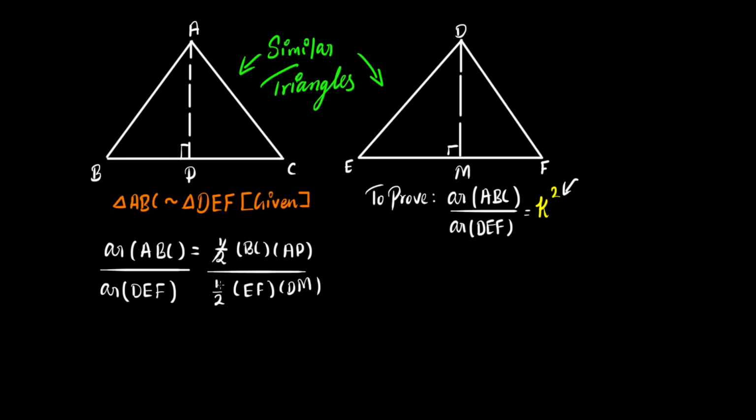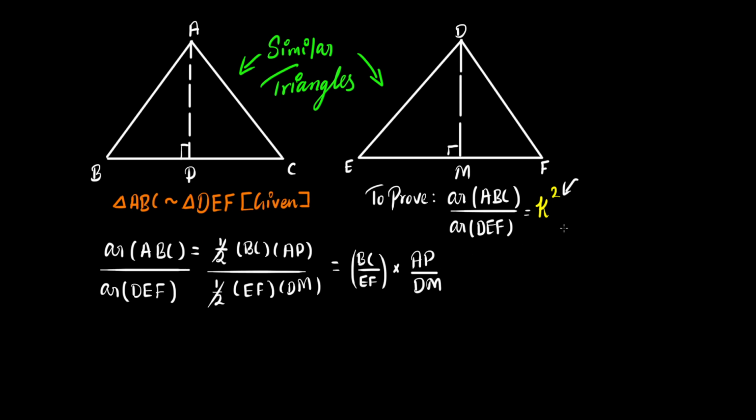Now we can cancel the half, and we get BC by EF times AP by DM. So we found the ratio: BC times AP over EF times DM.